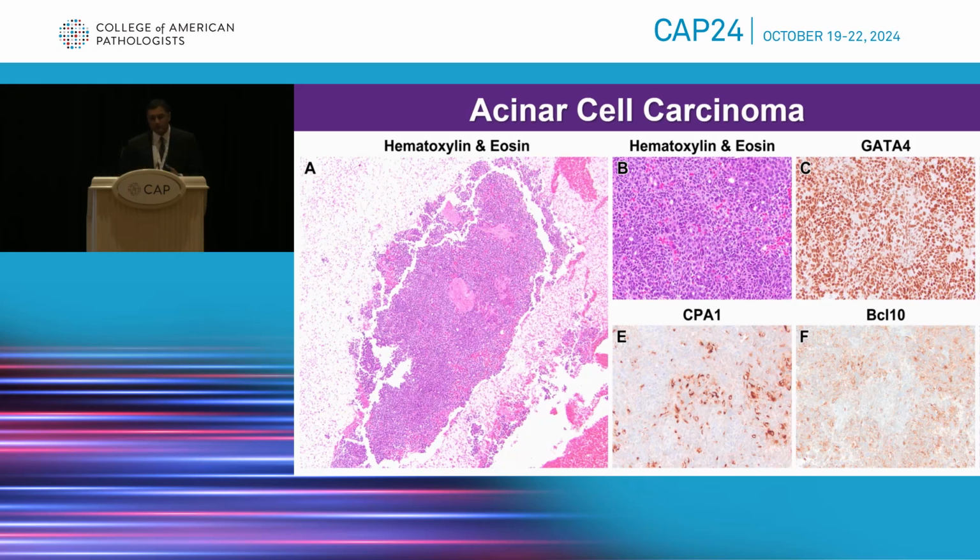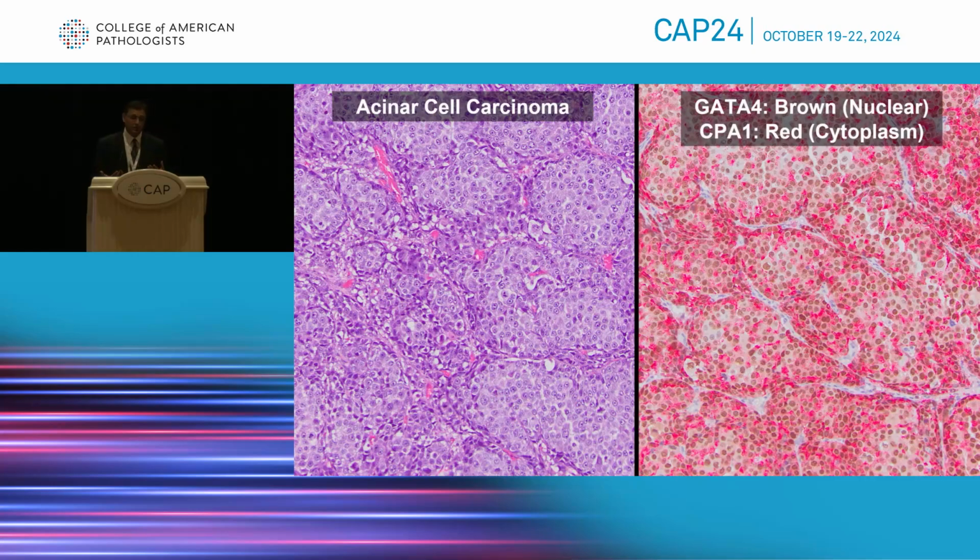GATA4 is a transcription factor necessary for terminal differentiation of acinar cells, and is actually required for early development of acinar cells. And it stays retained in acinar cell carcinomas, even in more of a dedifferentiated look. And so our lab has actually combined both stains, GATA4, that's in brown, and CPA1, that's cytoplasmic staining in red.